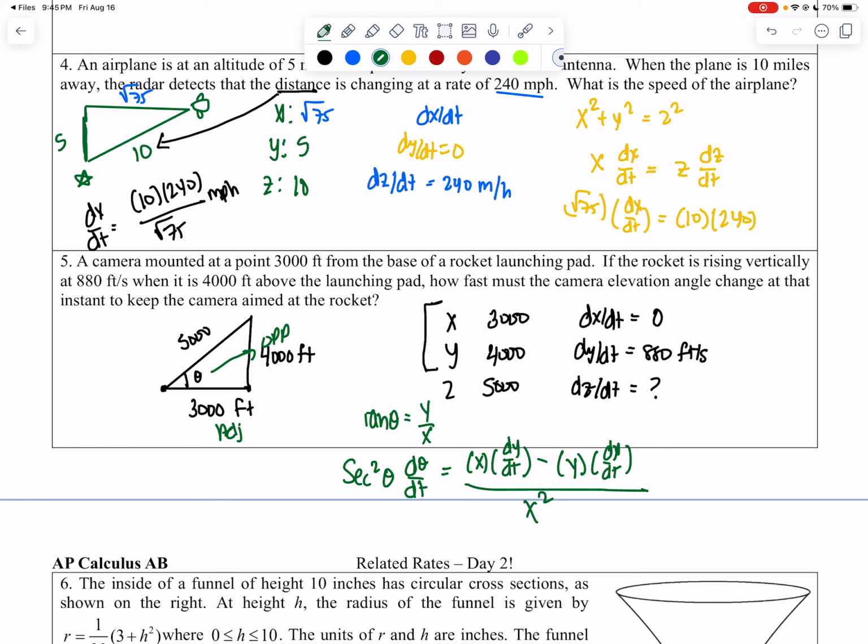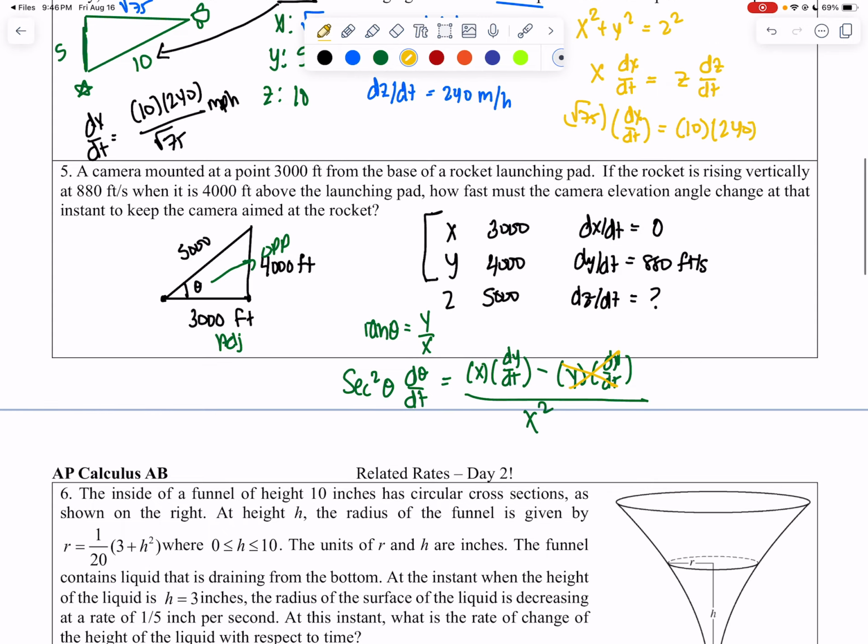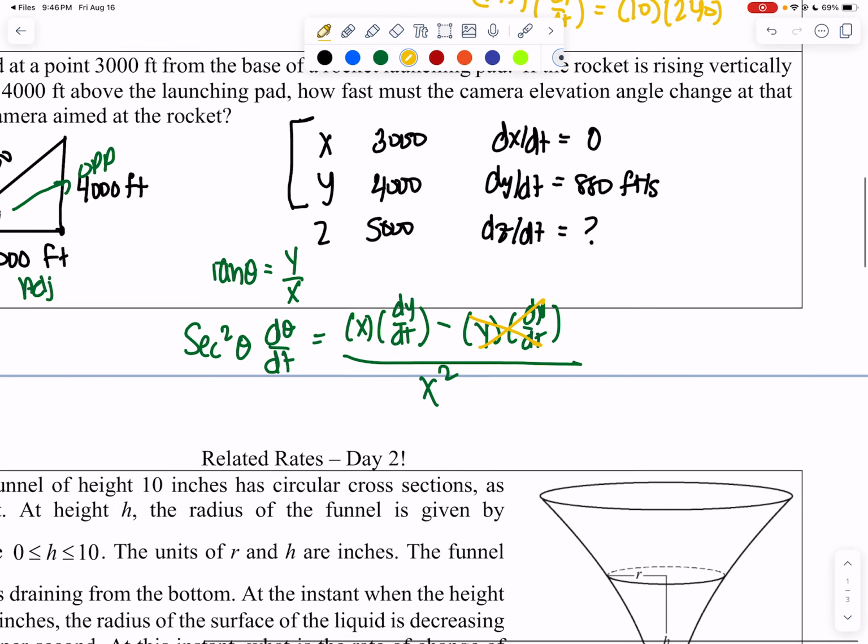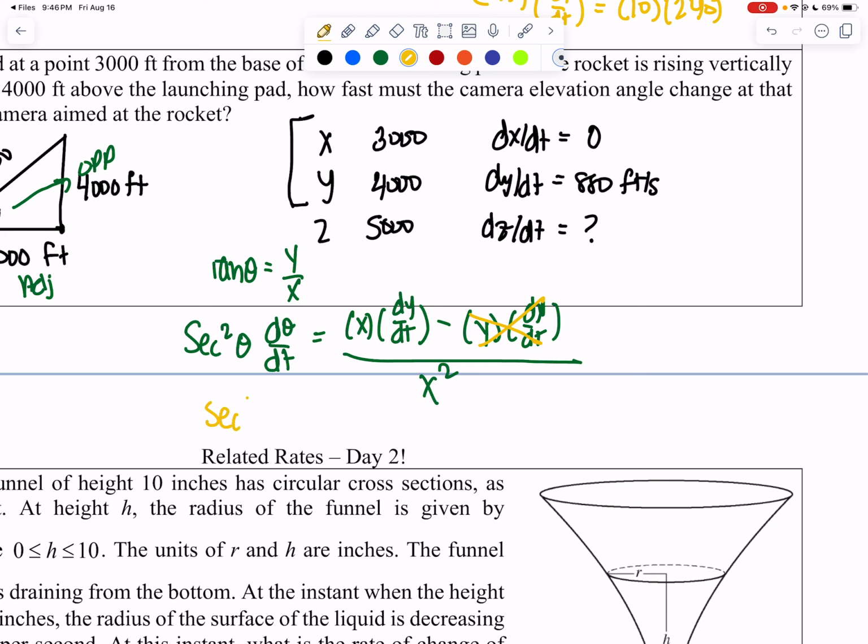Well, good news is we know that dx dt is 0. So since dx dt is 0, this part right here just cancels out, meaning that I'm just left with secant squared theta d theta dt is equal to dy dt and then 1 over x, since I'm going to simplify that.